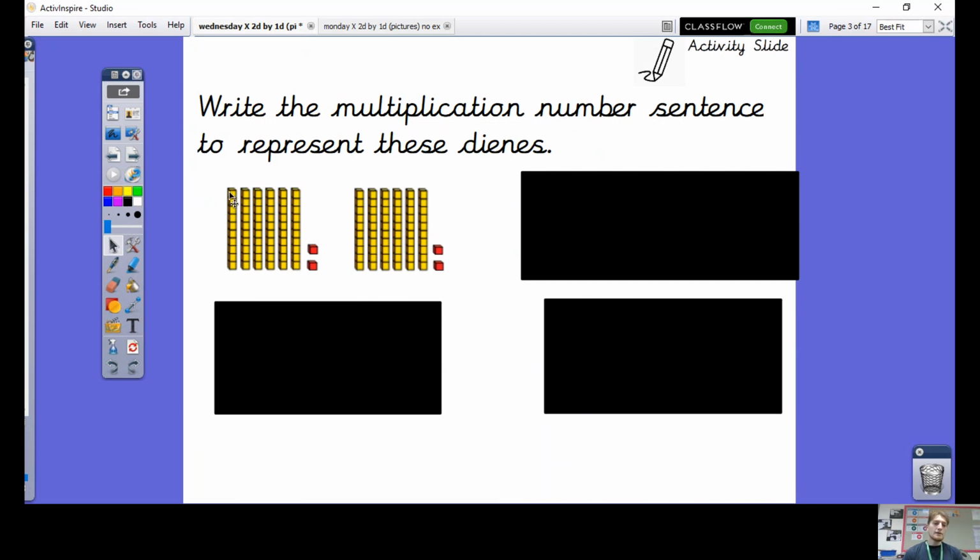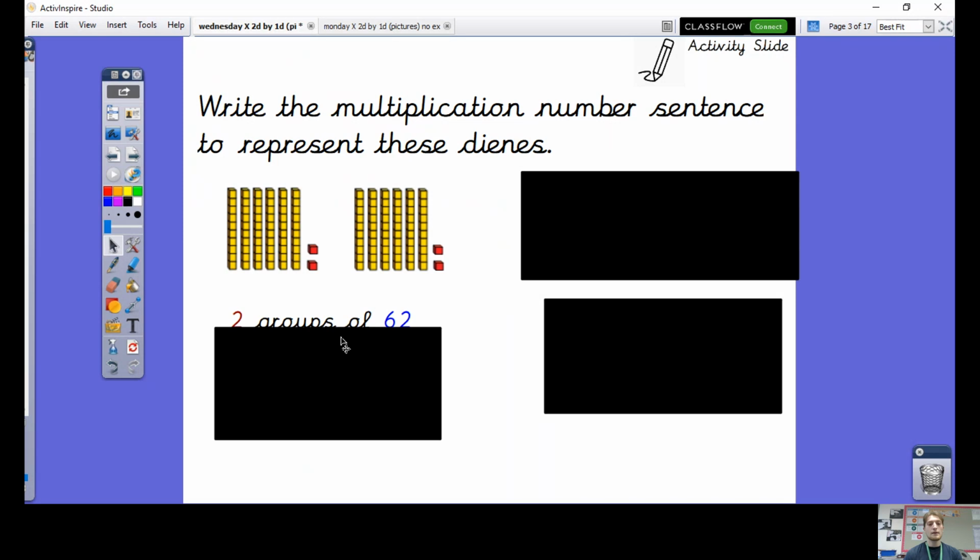And I know these yellow stacks or these yellow towers represent 10. And I know these little red cubes represent 1, okay? So in one group here, I notice there are 1, 2, 3, 4, 5, 6 lots of 10 and 1, 2 ones, okay?